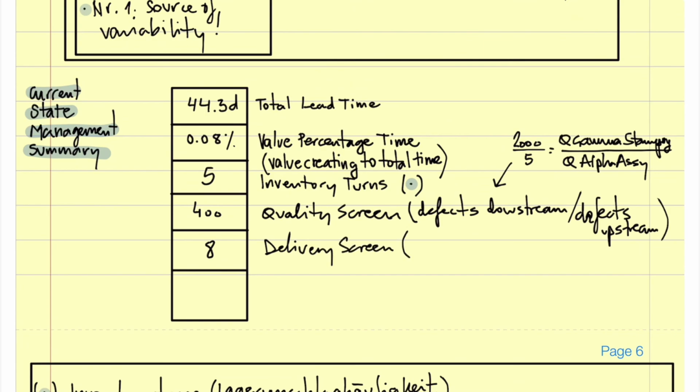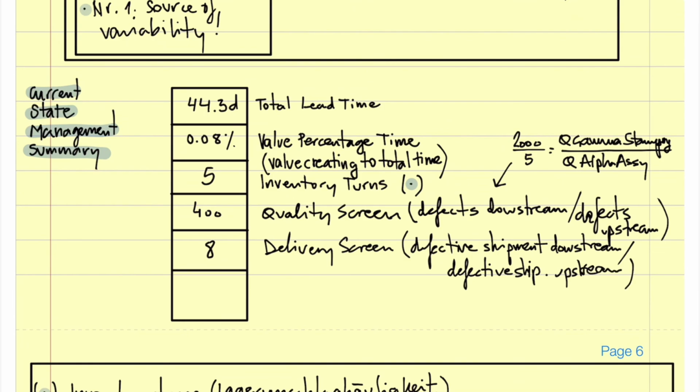The delivery screen, which is the percentage of defective shipments at downstream, divided by defective shipments upstream.